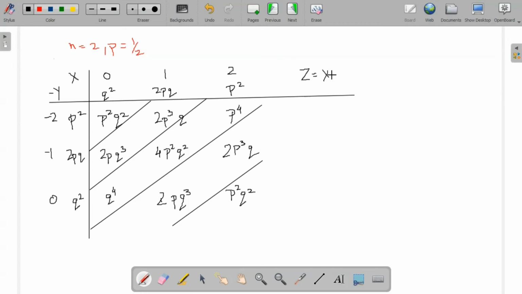z is equal to x minus y will have probability z is equal to z, and this can have values -2 plus 0. So -2 plus 1, so -1, 0, 1 up to 2, and probabilities will be, for -2 probability will be p square q square.